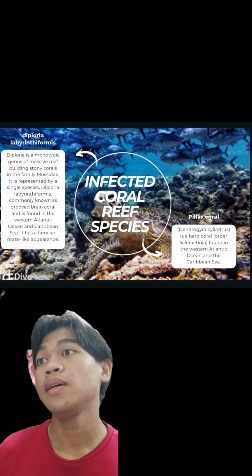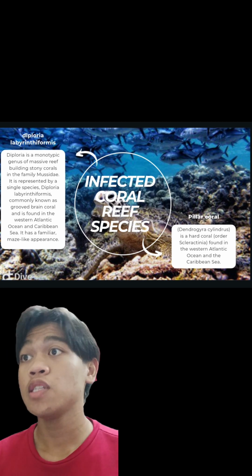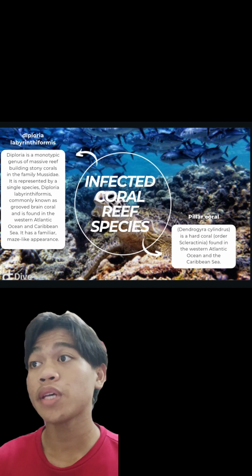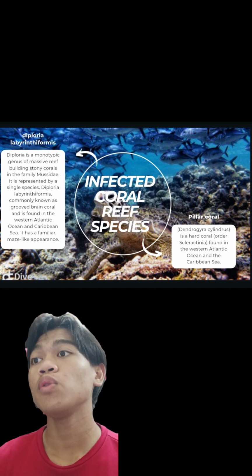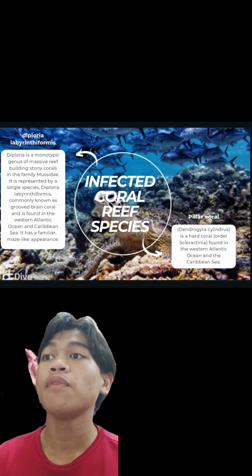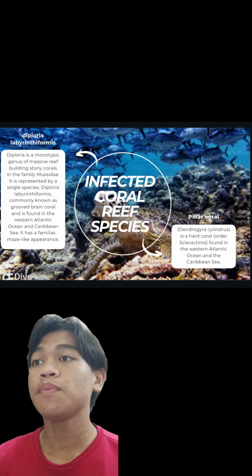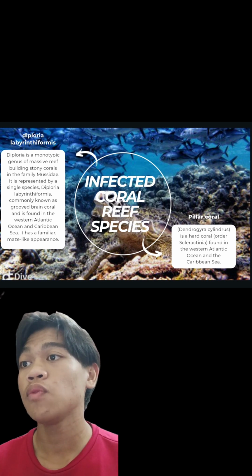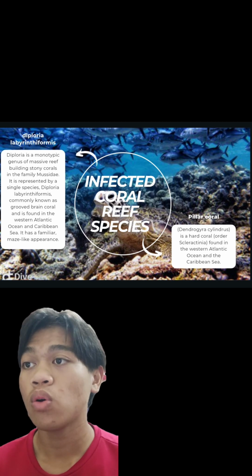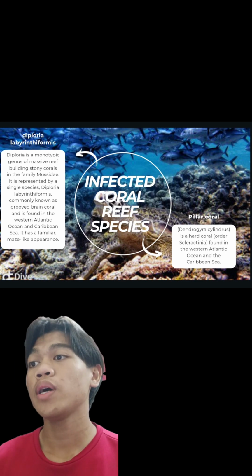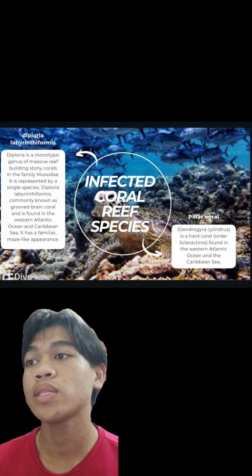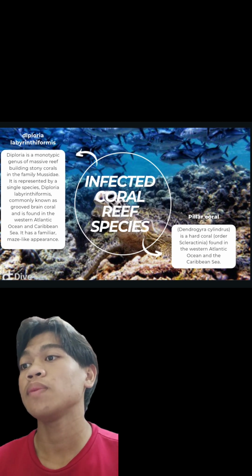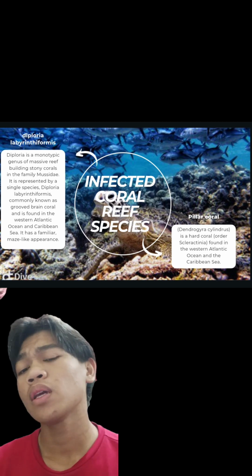For example, Diploria labyrinthiformis. Diploria is a monotypic genus of massive reef-building stony coral in the family Mussidae. It is represented by a single species, Diploria labyrinthiformis, commonly known as grooved brain coral, and is found in the western Atlantic Ocean and Caribbean Sea.